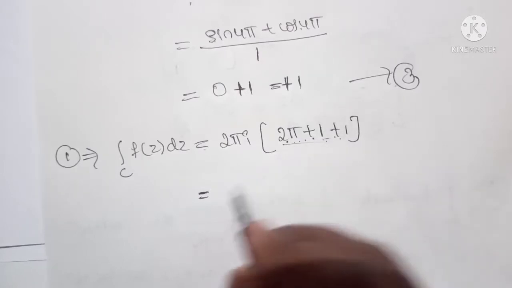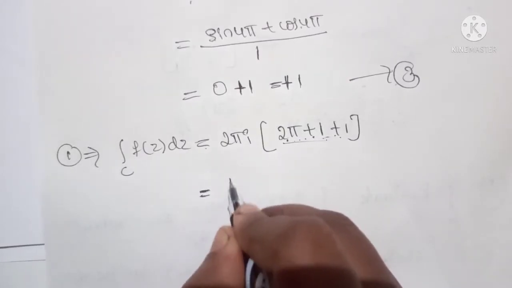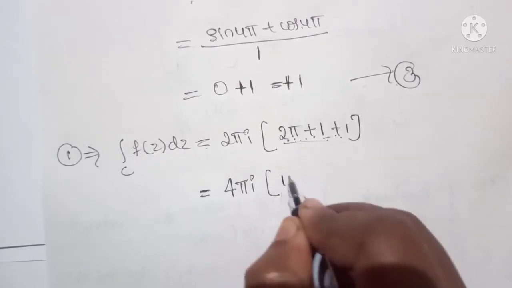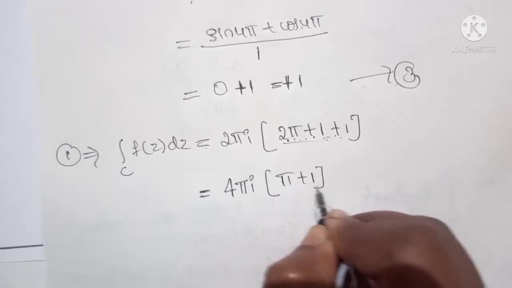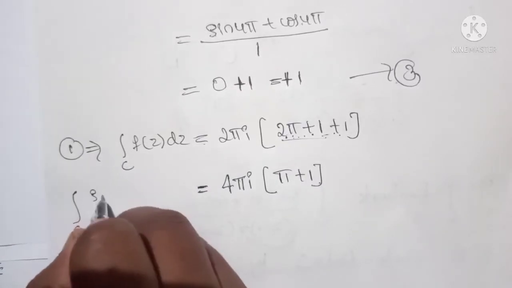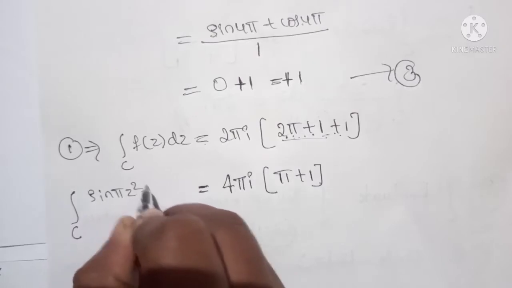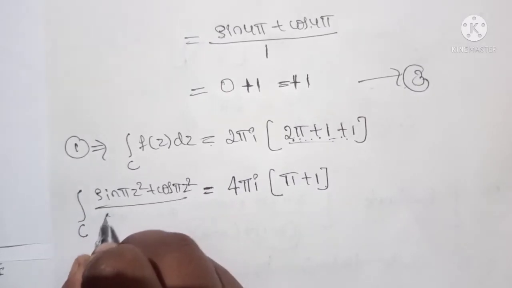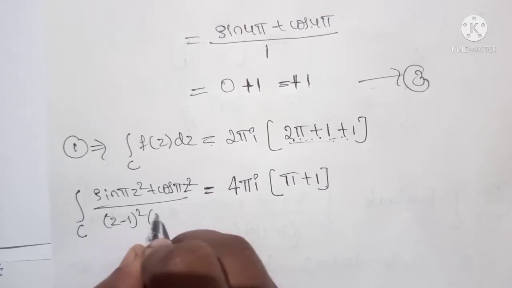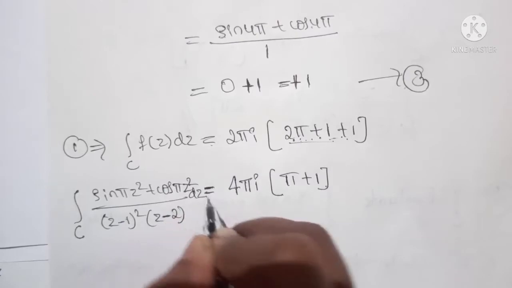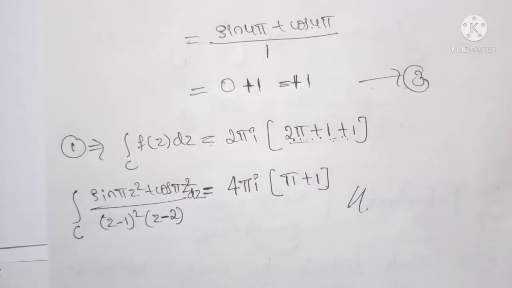Okay, in this we can take 2 outside, therefore it is 4 pi i times bracket pi plus 1. So the given integral is sin pi z square plus cos pi z square divided by z minus 1 whole square, z minus 2. Okay, so this is the required answer.